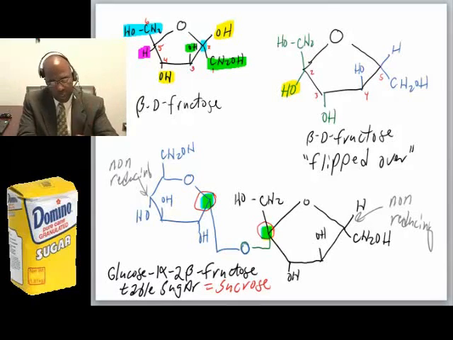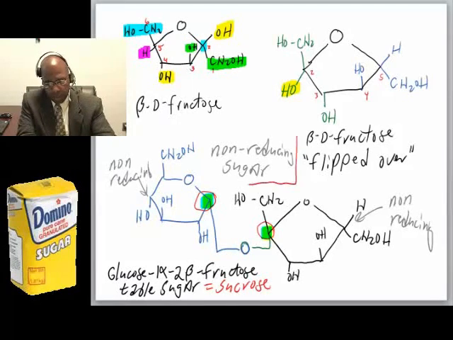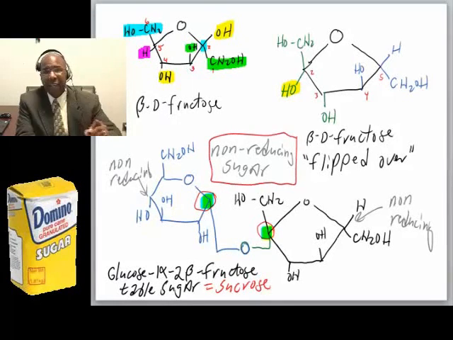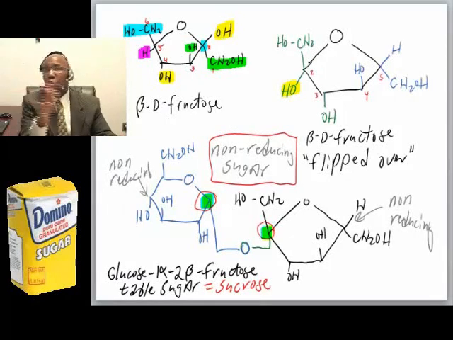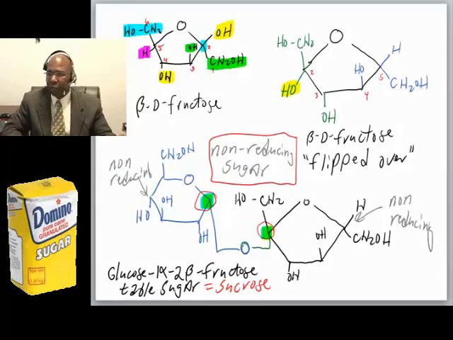So sucrose is said to be a non-reducing sugar. And I'm going to venture to say that in your studies, you will not come across another sugar that is non-reducing like sucrose. Maybe you won't. That's what I'm just going to leave it there.